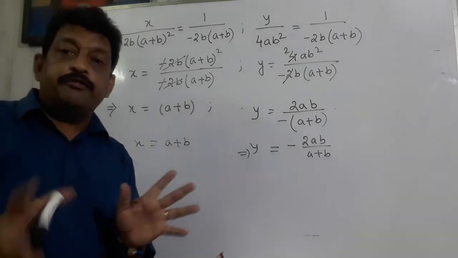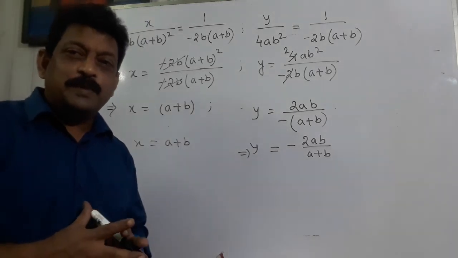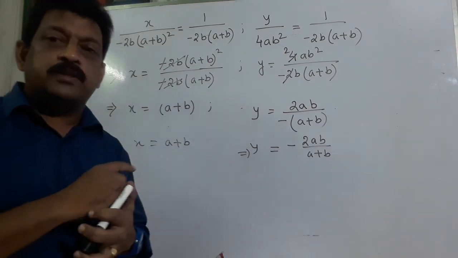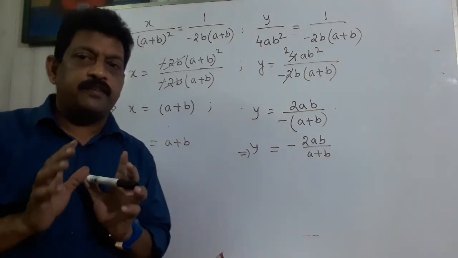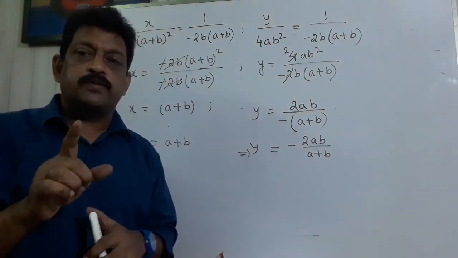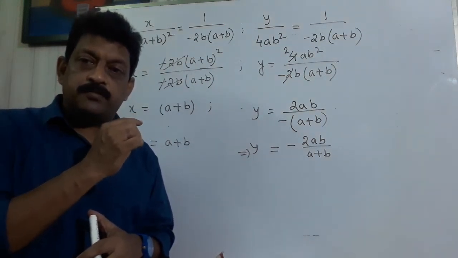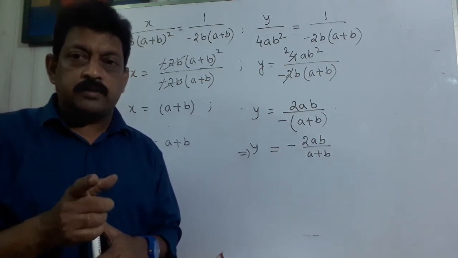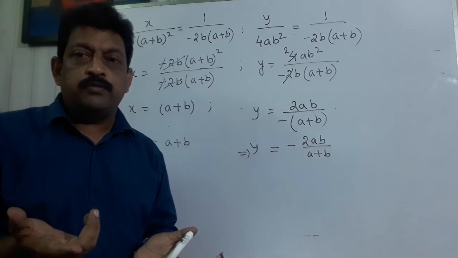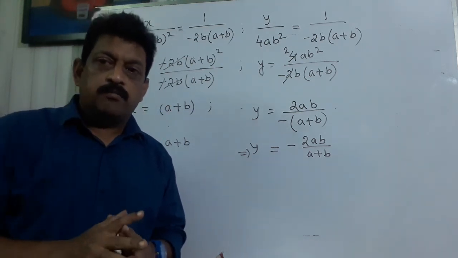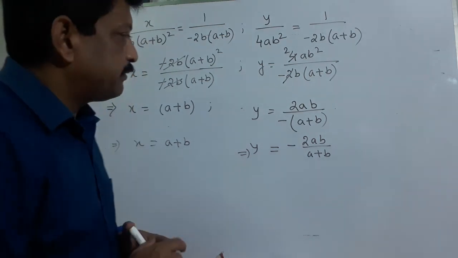So how do you feel about this sum? It's a bit difficult, and doing this sum in the cross multiplication method is really very tough. But still, I have told you earlier also, if the question comes and it is instructed to use the cross multiplication method, then we have to use the cross multiplication method, otherwise full marks will not be given.